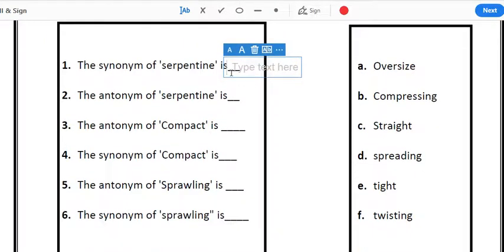The synonym of serpentine, the antonym of serpentine, the opposite it means, the antonym of compact, the synonym of compact, the antonym of sprawling, the synonym of sprawling. Please take care of what's asked from you, the synonym or antonym. The choices are oversized, compressing, straight, spreading, tight, and twisting. Okay, let's start.